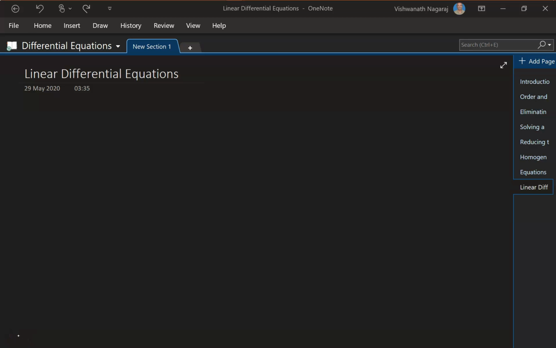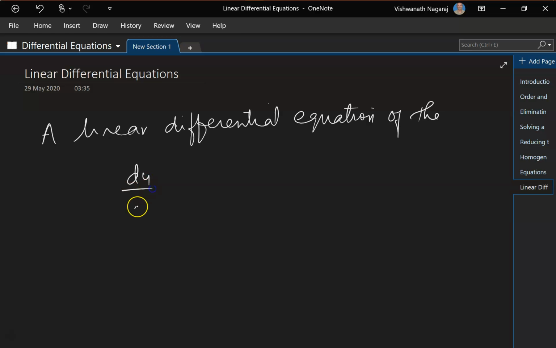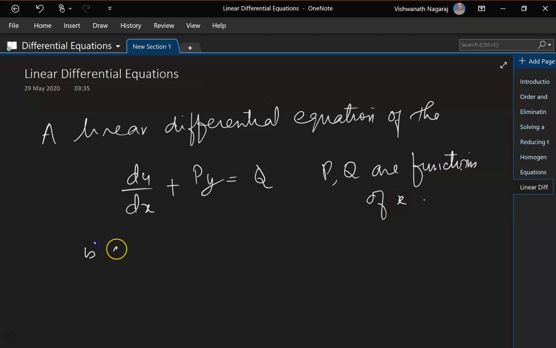Linear differential equations. A linear differential equation of the form dy by dx plus py is equal to q, where p and q are functions of x, is called a first order linear differential equation.